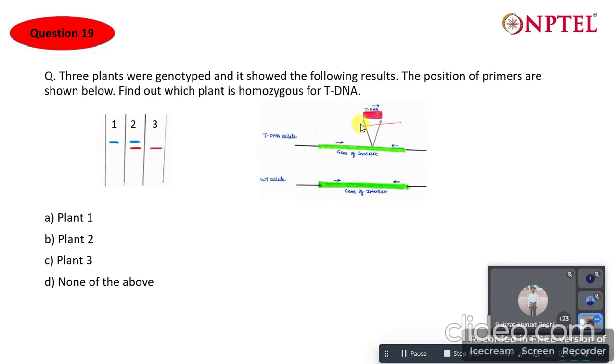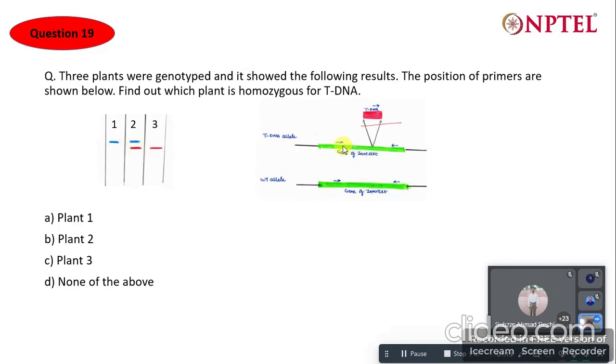If we consider the wild type allele first, the primers here will give a larger PCR product. We set up this condition in the PCR, then run the product on an agarose gel and get bands. In the wild type allele, we'll get a larger band, represented in blue shade in this gel.